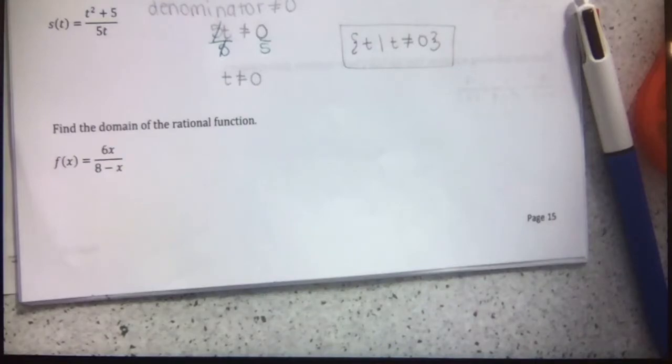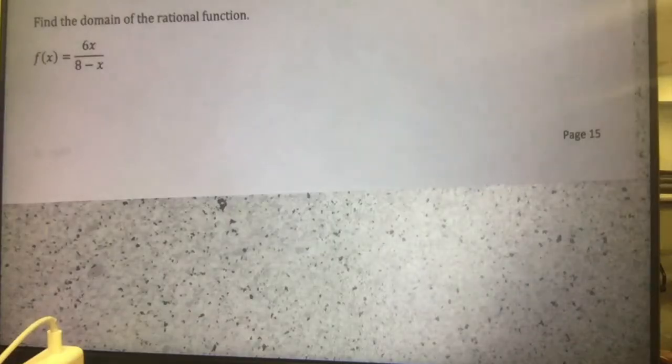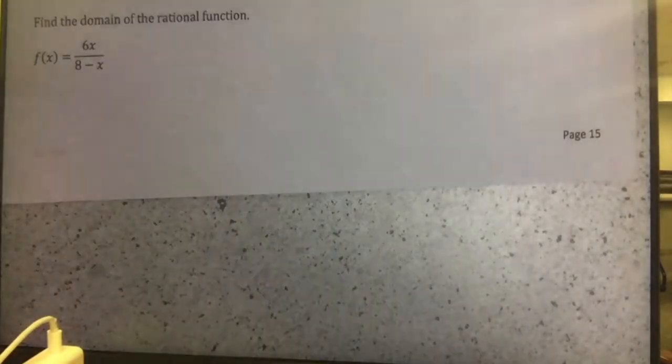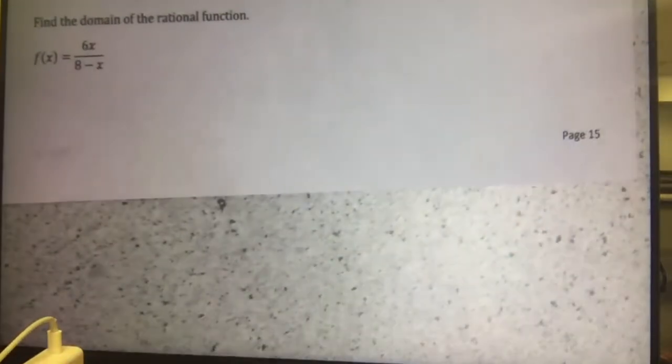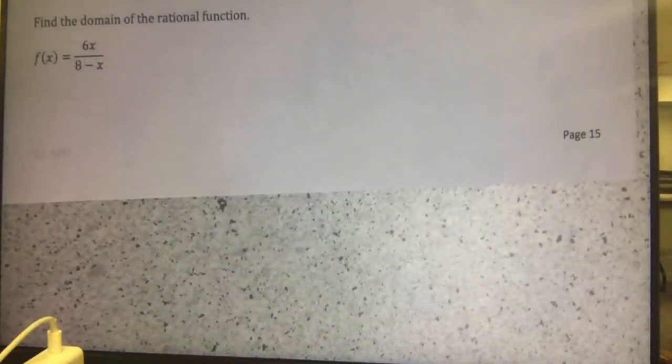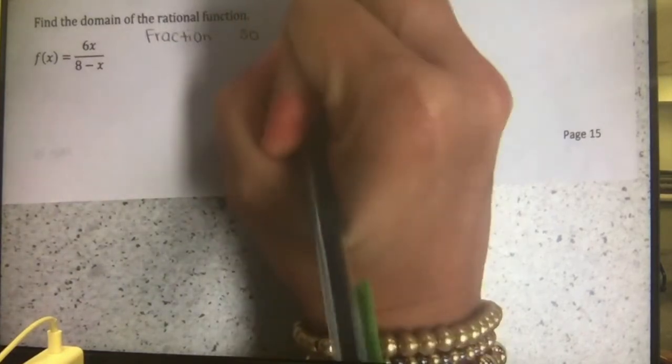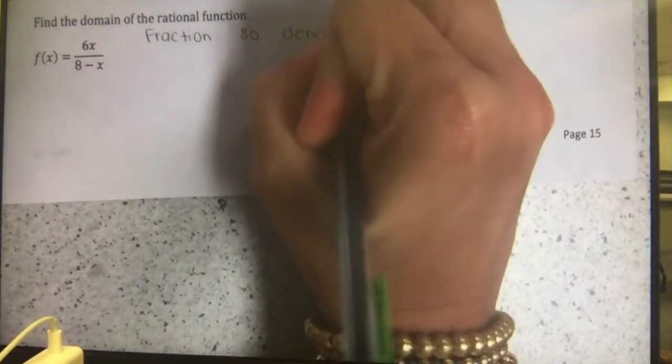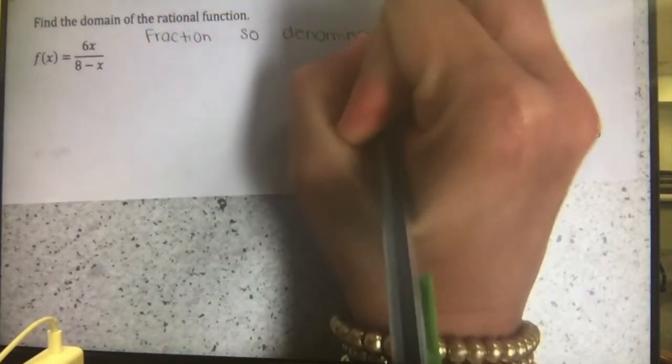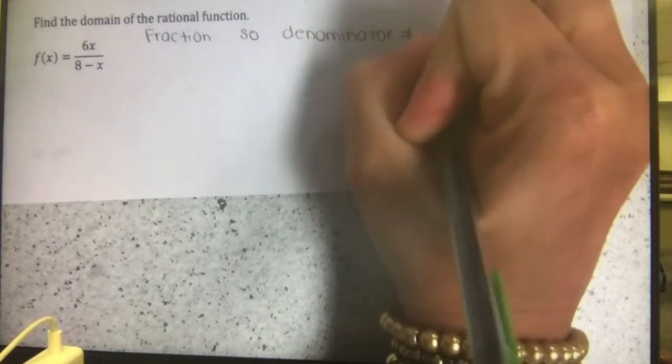So next one, find the domain of the rational function f of x equals 6x all over 8 minus x. Looking at this, we see that there's a fraction. So we know our denominator, the bottom of our fraction, cannot be 0.